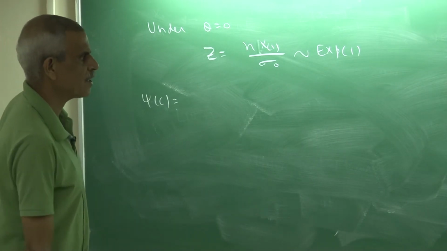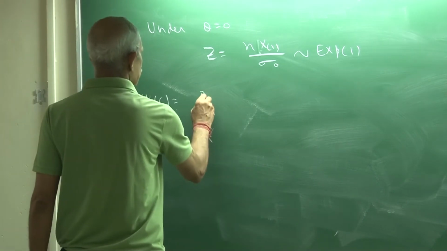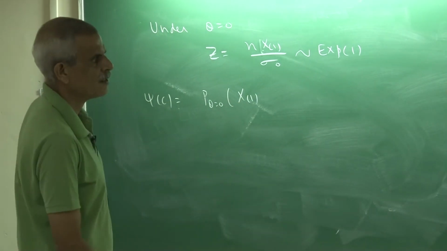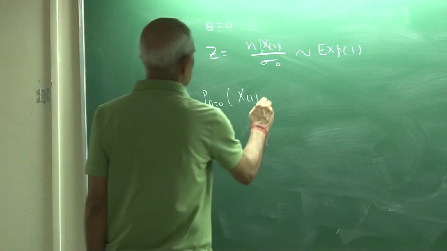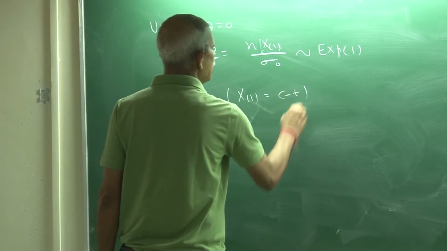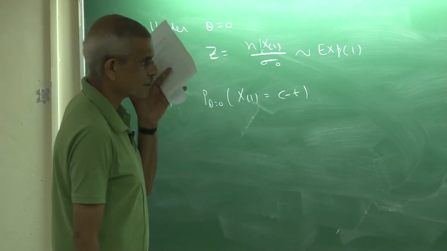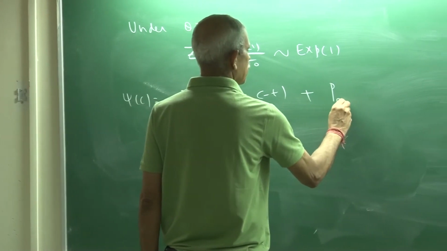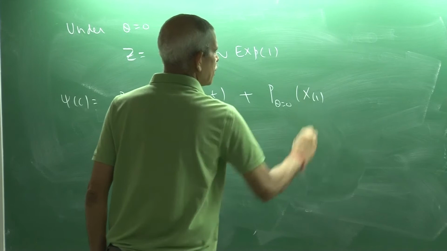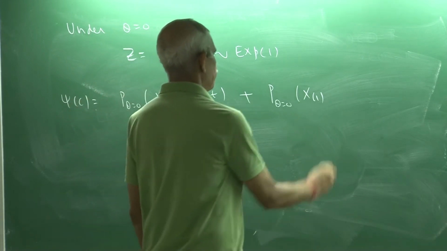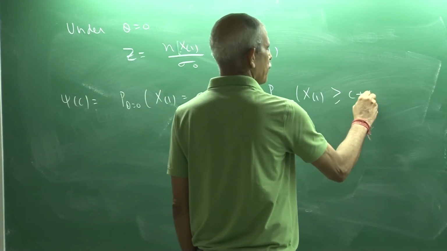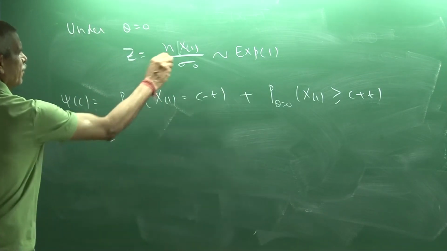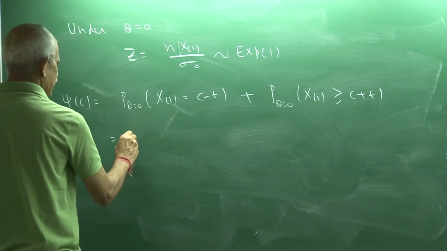is same as probability that x1 is less than or equal to c minus t plus probability that x1 is greater than or equal to c plus t. So everything I can write down in terms of z, so that I am dealing with exponential.